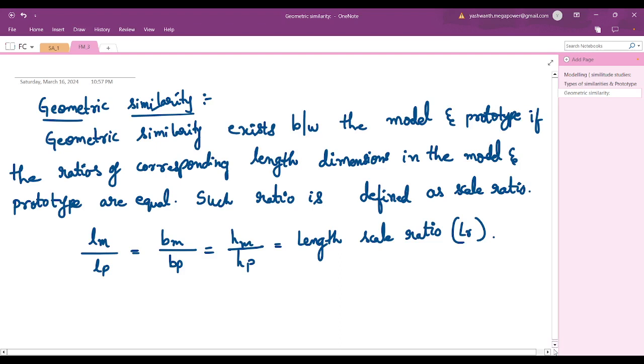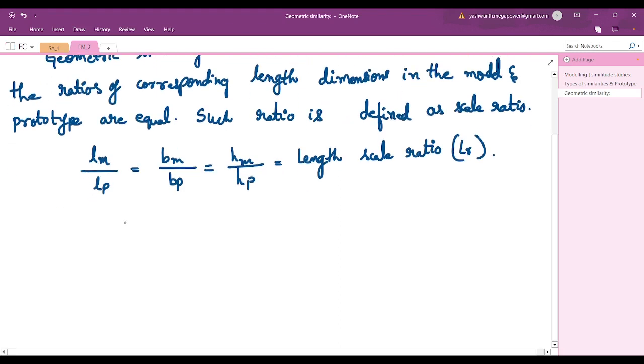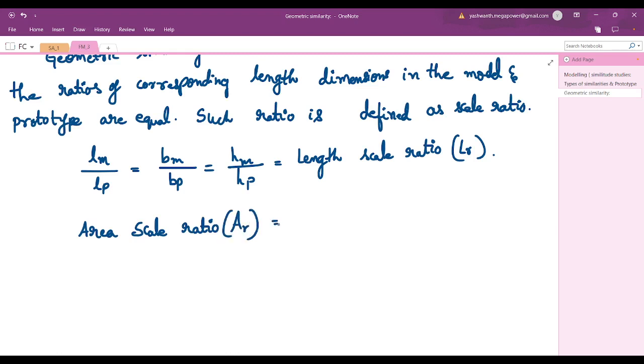Next is area scale ratio. In this geometric similarity itself, we have area scale ratio. The area scale ratio we represent with AR. Whatever the different formulas for areas based on the shape: if it is a rectangle, it is the product of width and length, right? If it is a square, what is the formula for area?